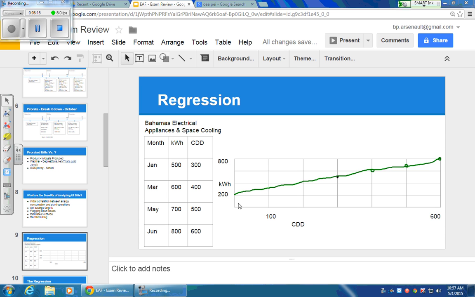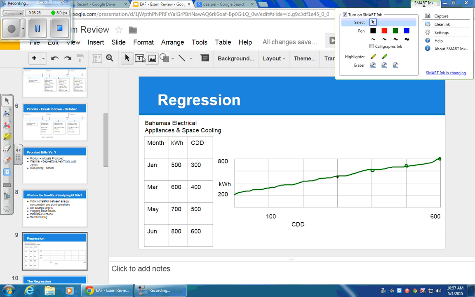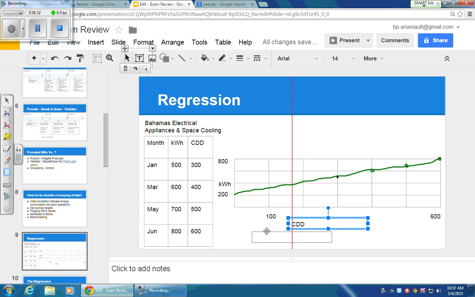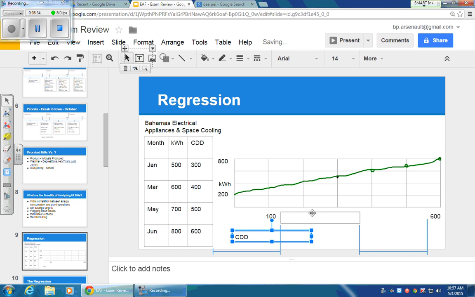I've got 2 things that I'm going to interpolate off of this graph. The most important one here is this base load. So maybe I'll put a text box here. Back to the cursor and text box. So right here we see the base load.